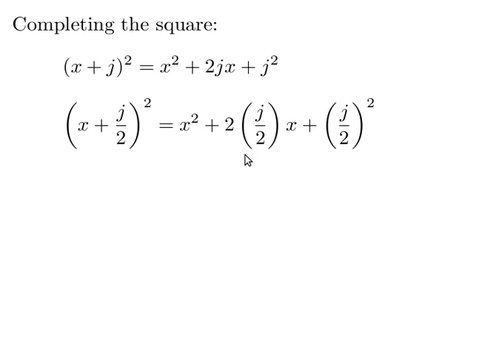Now let's go ahead and simplify this just a little bit. I'm going to keep j over 2 squared the way it is. I could simplify it by making it j squared over 4, but I'm going to keep it this way because I wanted to show something. And this term will stay the same, it's just x squared. But for this one, notice that I can cancel the 2's.